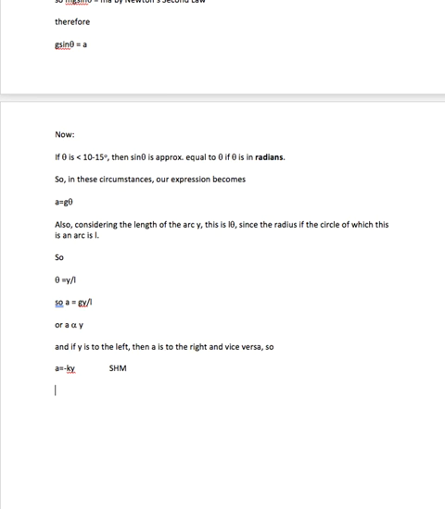So, as we did with the mass on a spring, we can see here that k has to equal omega squared, because that's what simple harmonic motion says, which means, of course, that g over L is omega squared.